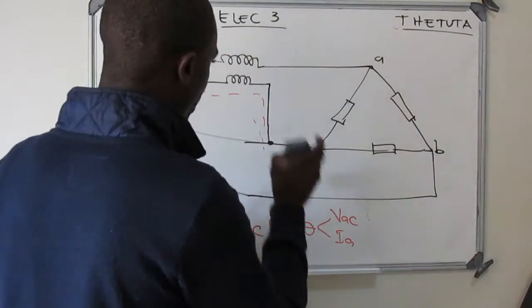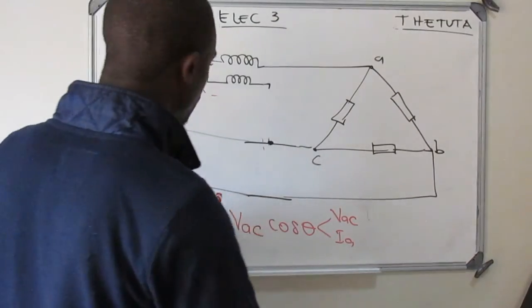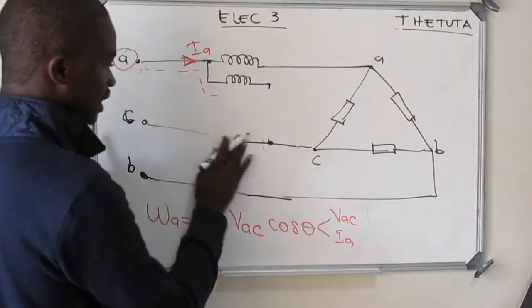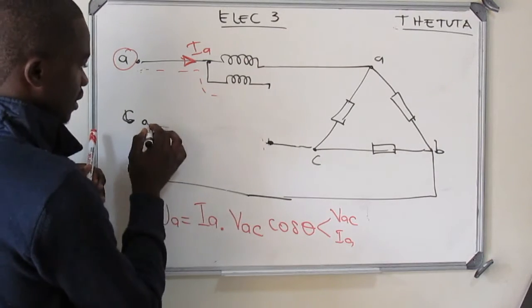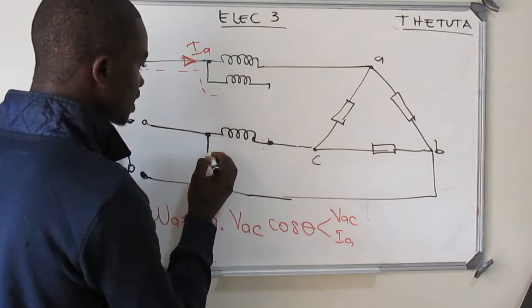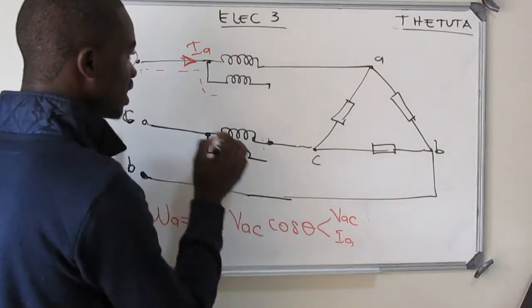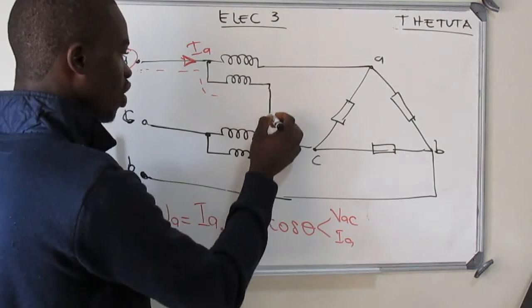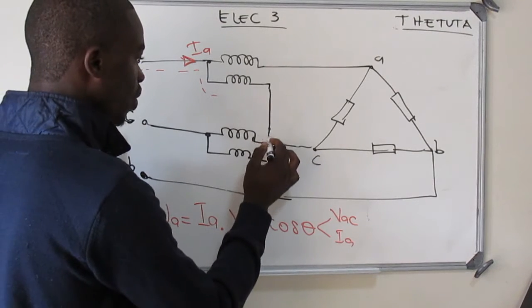But now, if we're in the case where we have to connect two wattmeters, the concept is still the same. But remember, these wattmeters need to have a common point. And what's going to be the common point?